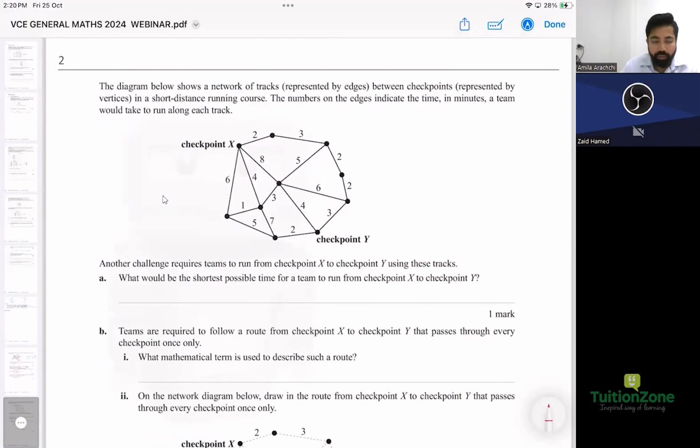Tell me the numbers you add up. Put it in the chat. To get the number 9, which ones do you add up? From X to Y. I think we can do 9, isn't it? From X to Y.